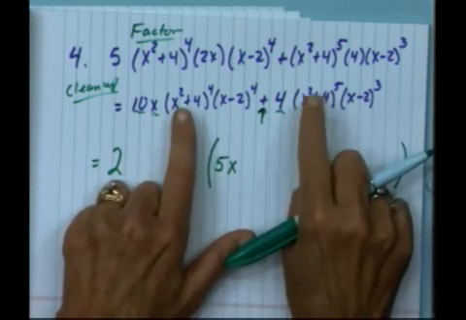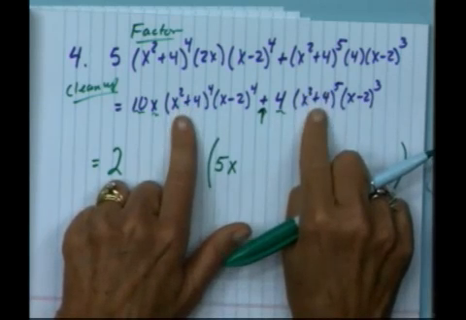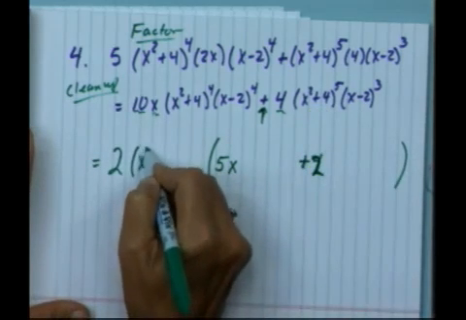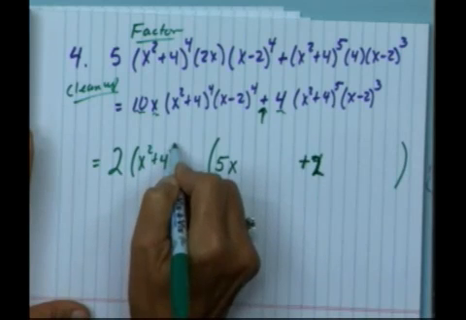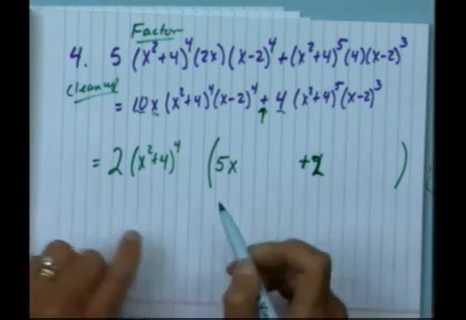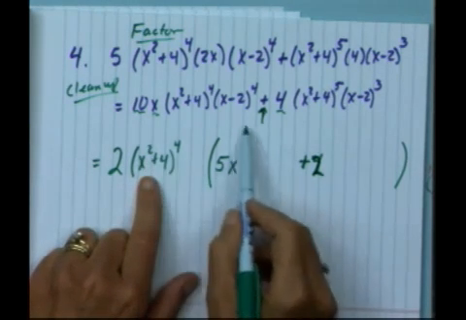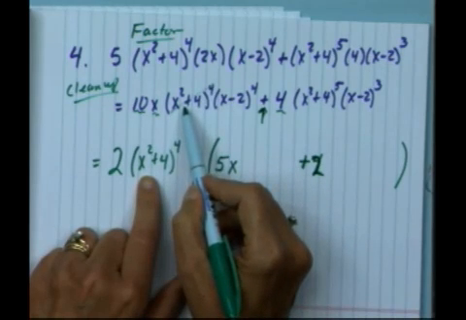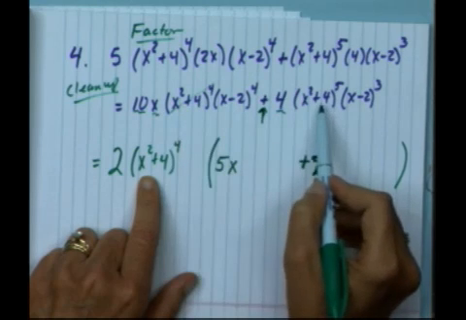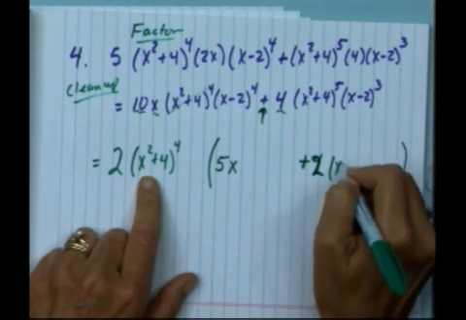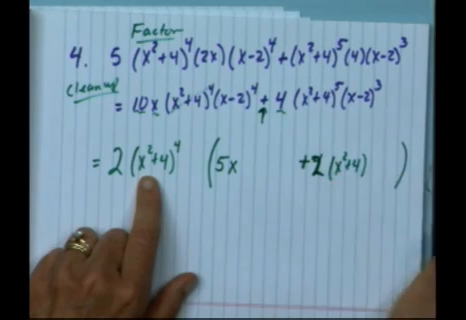So, how many can I pull out of both terms? 4 of them. So I'm going to come outside the parentheses and put an x squared plus 4 to the 4th. All right, so now, if I'm thinking about multiplying back, I've already pulled out all 4 of those in the first term. When I go to the second term, how many are left? 1 factor. Okay?